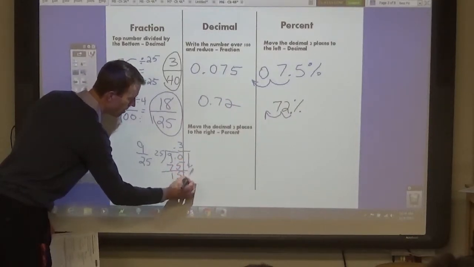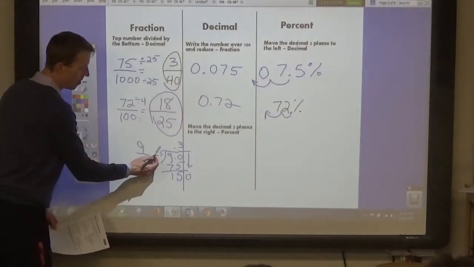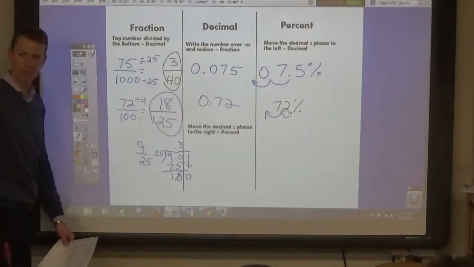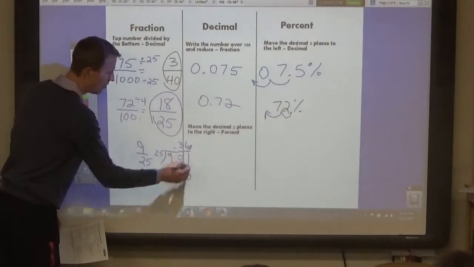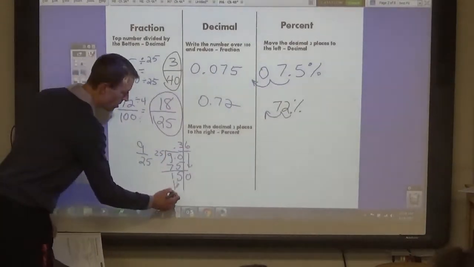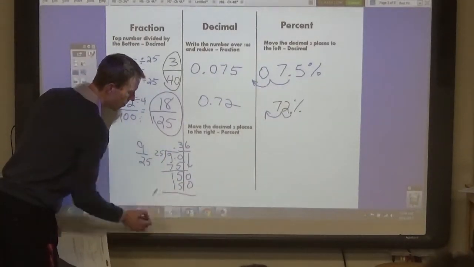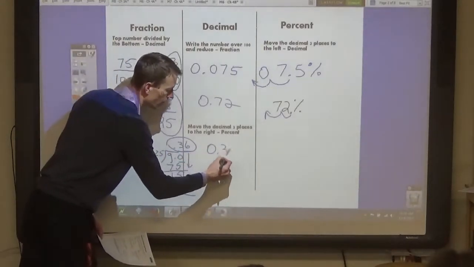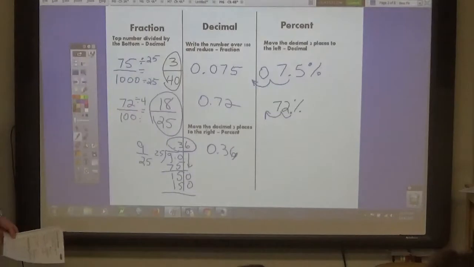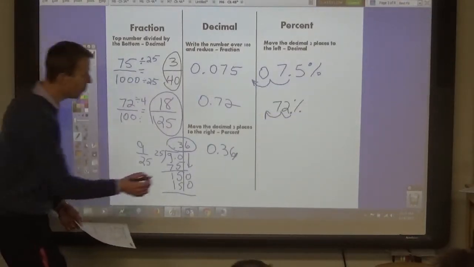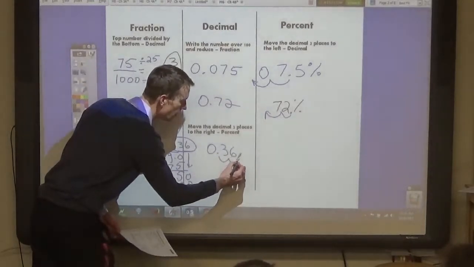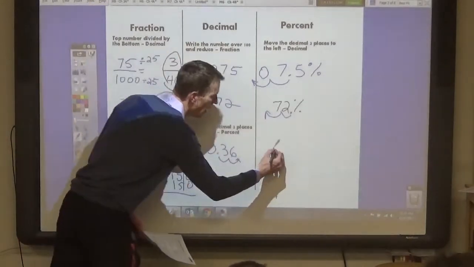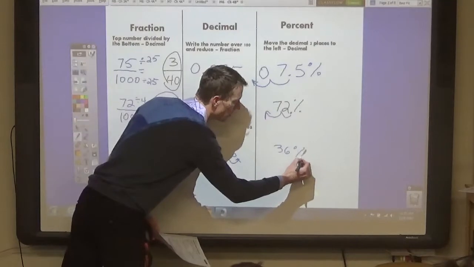Bring down the 0. 25 goes into 150 6 times. Remainder 0. So this is 0.36. What is that as a percent? Very good. Move the decimal place over 2 places to multiply by 100, and you get 36%.